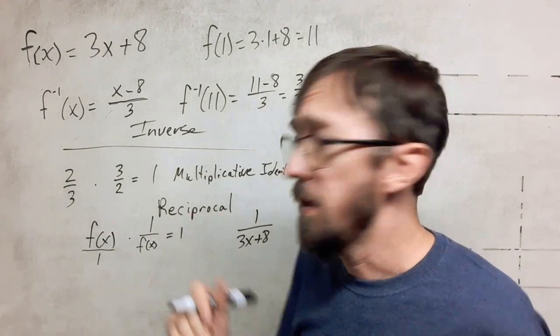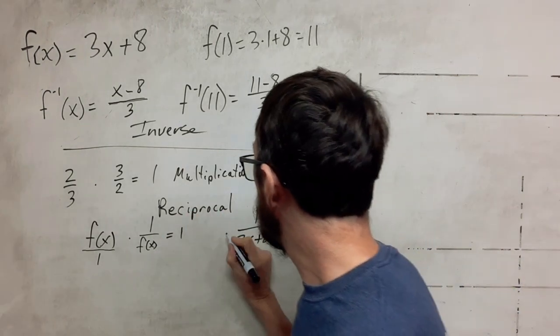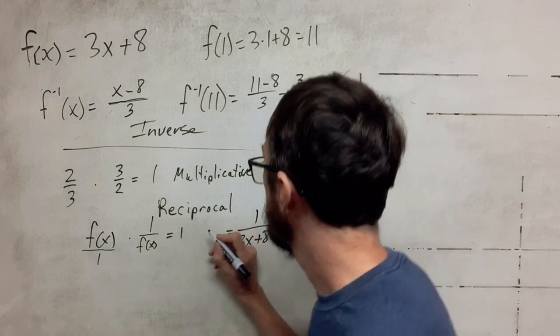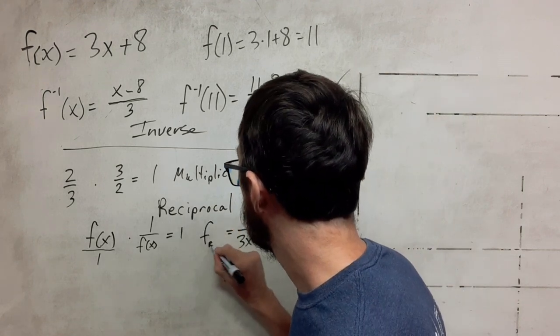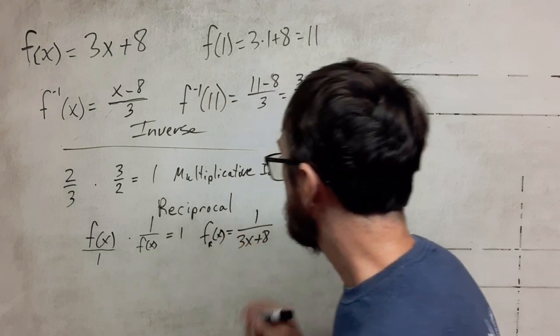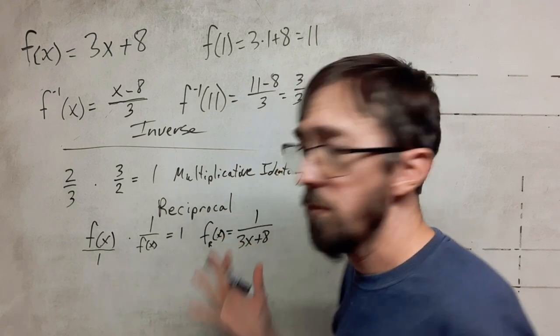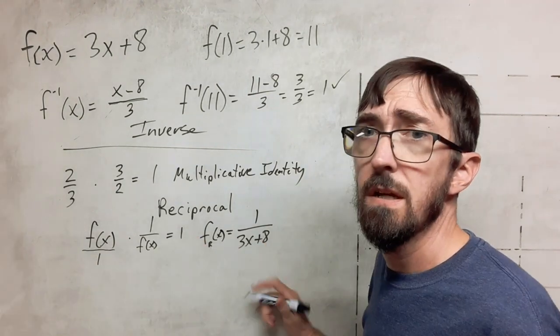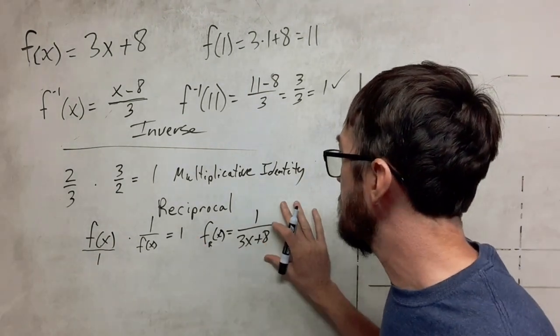Hopefully, it is a function. What am I going to call this? We don't really have an official designation for this. I'm going to call it f sub r of x, and this is going to be my reciprocal function.